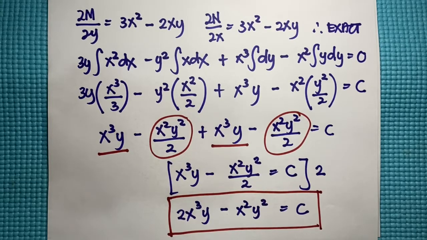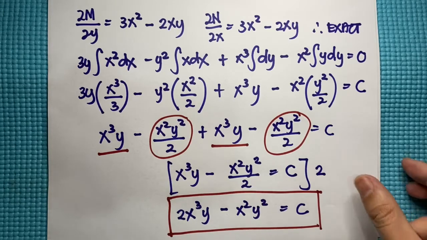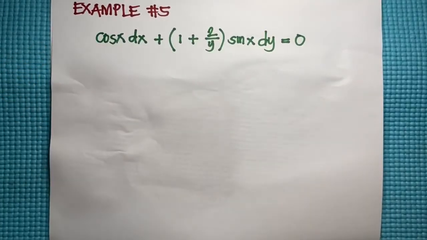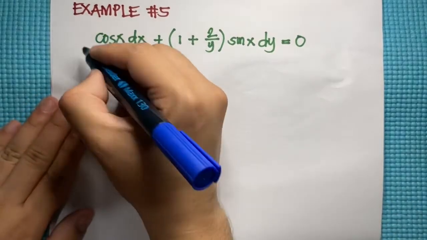And lastly, let's have another example. This time it involves a trigonometric function: cosine x dx plus (1 plus 2 over y) sine x dy equals 0.